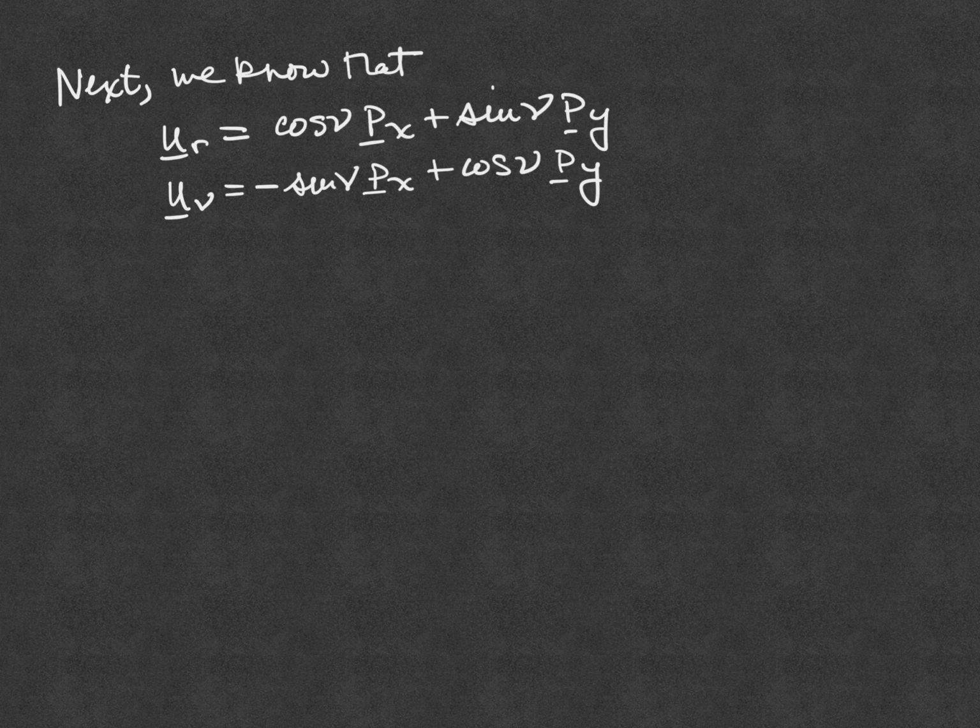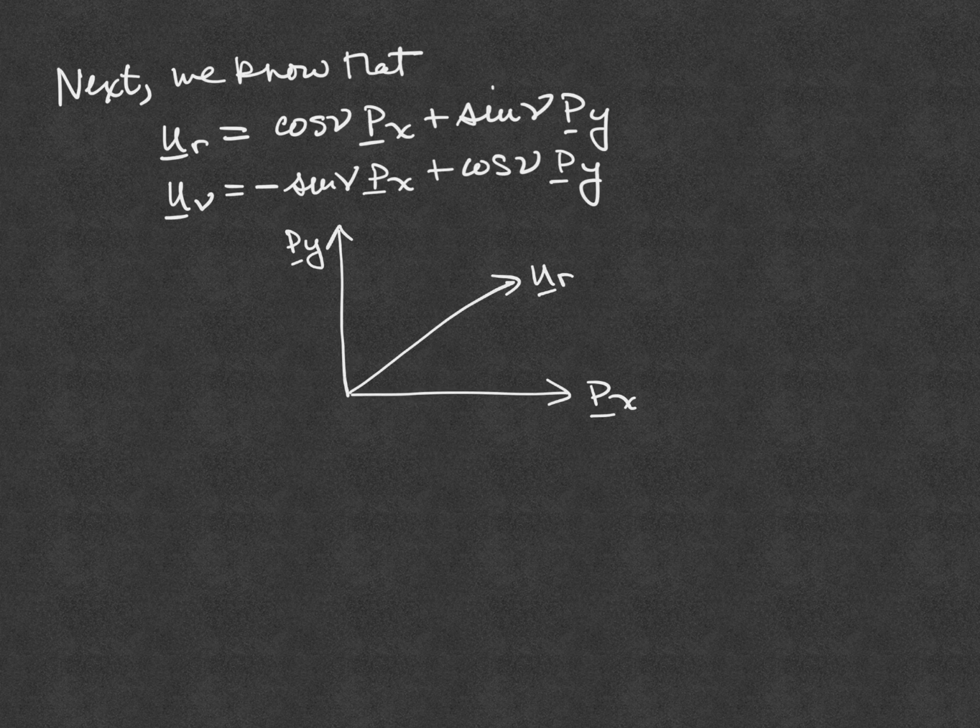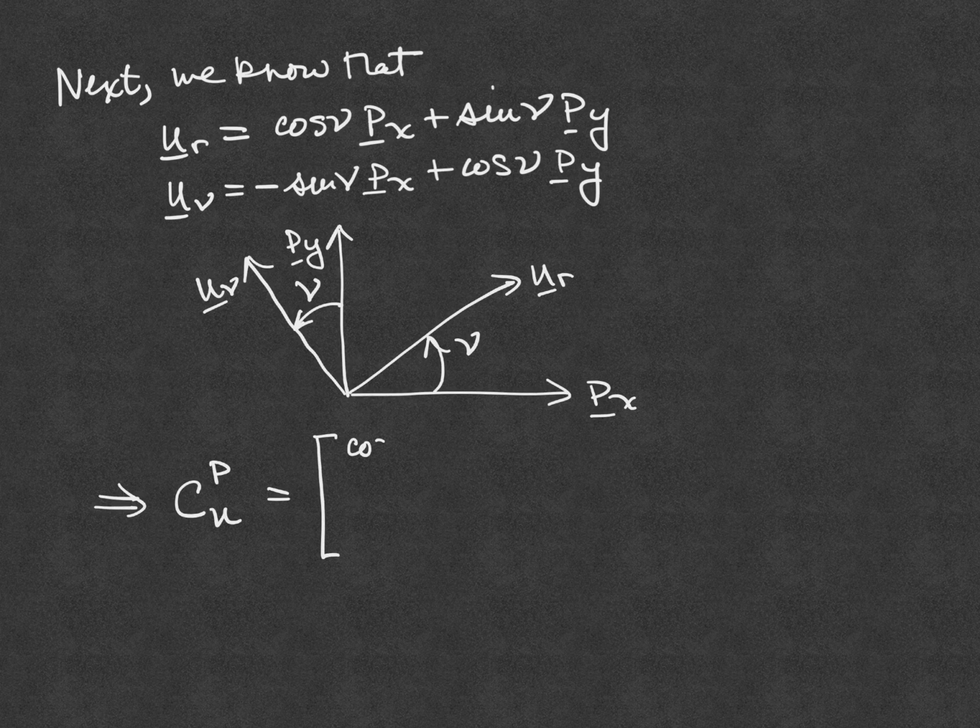And that, of course, just comes from the fact that if we draw the vectors, here's p x, here's p y, there's u R, and there's u nu. This angle is nu, and so is that angle. So we wind up with the equations shown above. That implies that the transformation from u to p is equal to cosine of nu, sine of nu, 0, minus the sine of nu, cosine of nu, 0, 0, 0, 1.